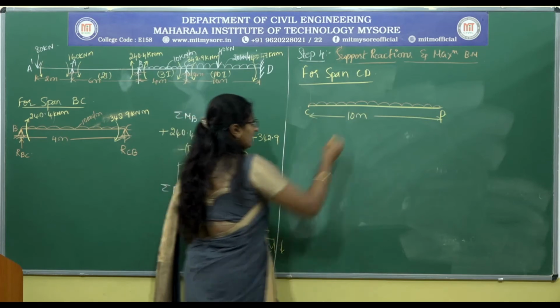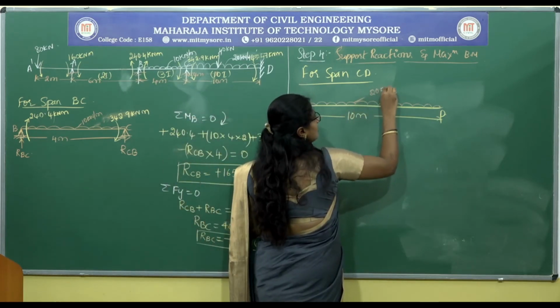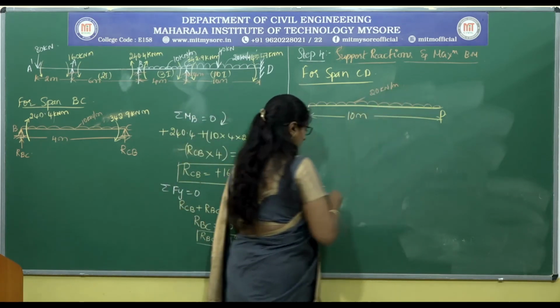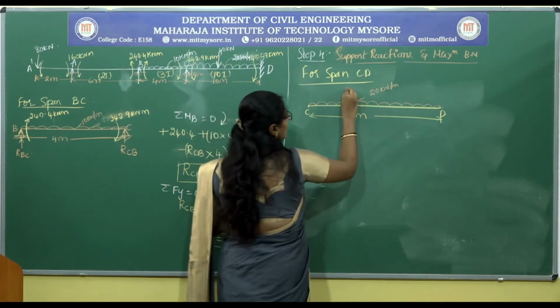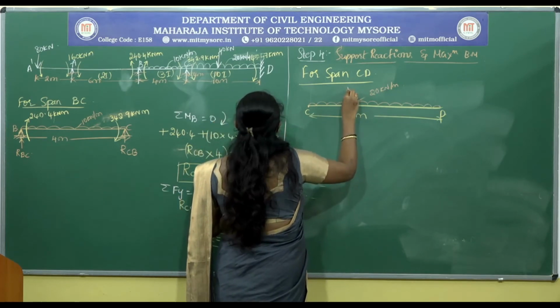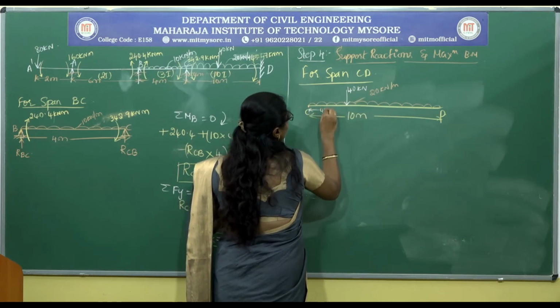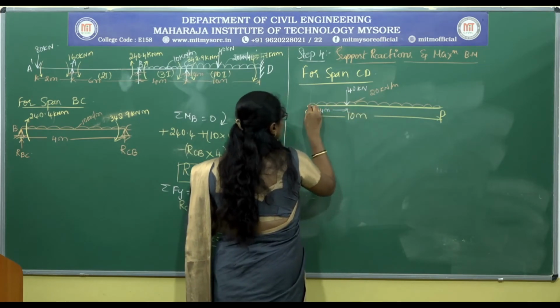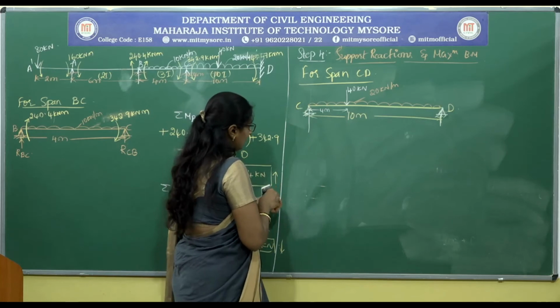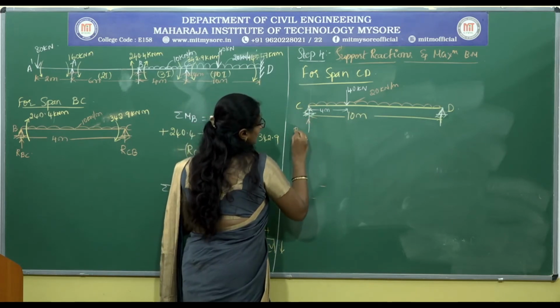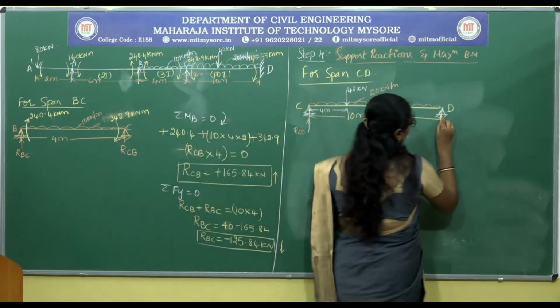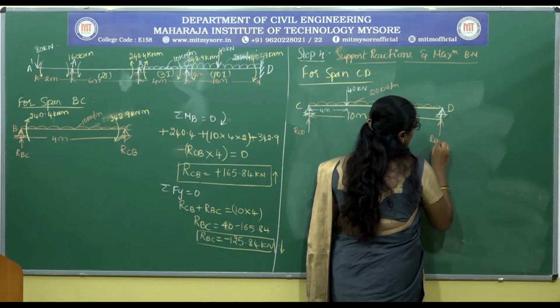This UDL is 20 kilonewton per meter, and along with that you have one more load of say 40 kilonewton acting at a span of 4 meters. So even here we need to calculate RCD and RDC.